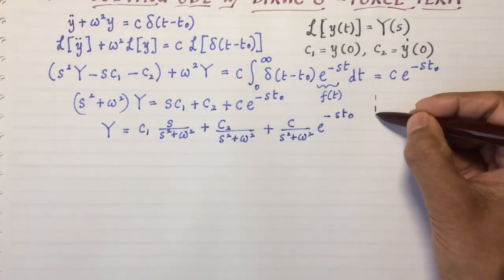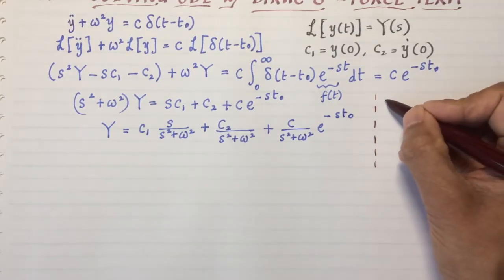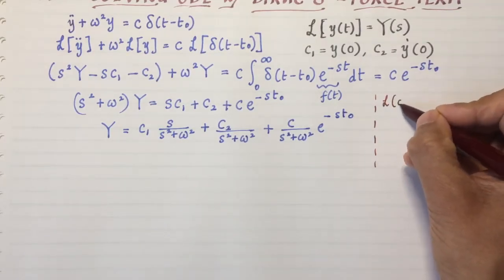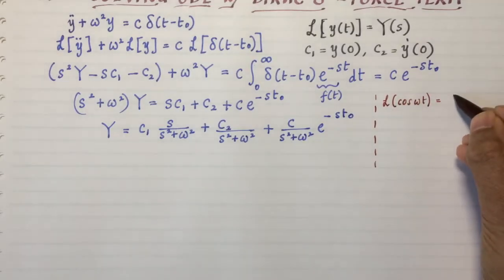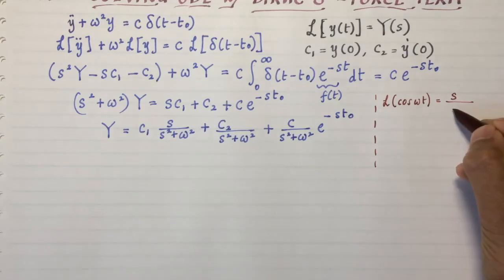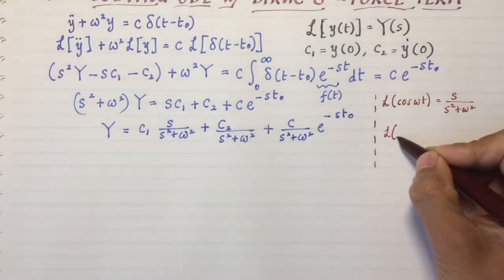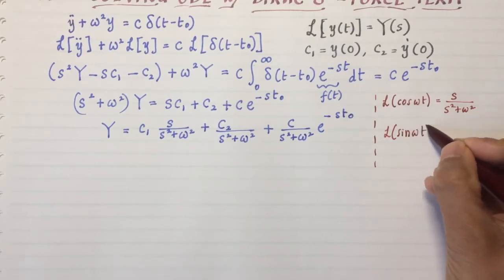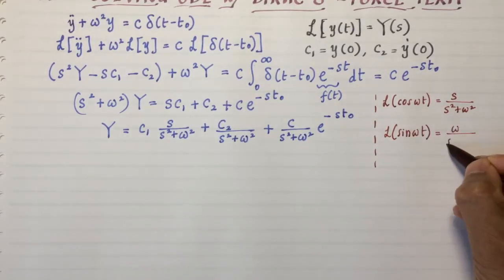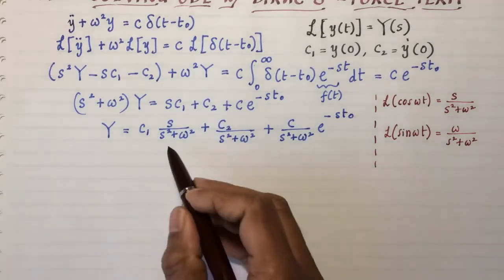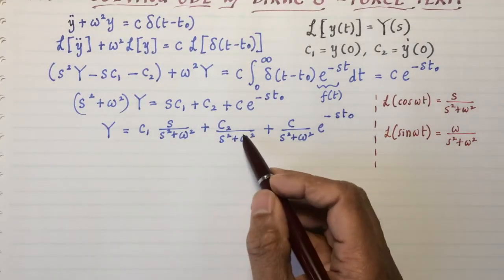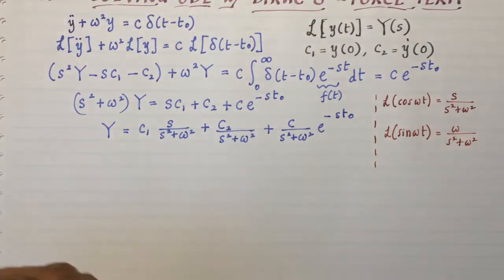Simply consulting a table will tell you that the Laplace transform of cosine omega t is s over s squared plus omega squared, and the Laplace transform of sine omega t is omega over s squared plus omega squared. Omega here is a constant. So we know that that should be cosine and that should be sine, and that's something we don't know yet.